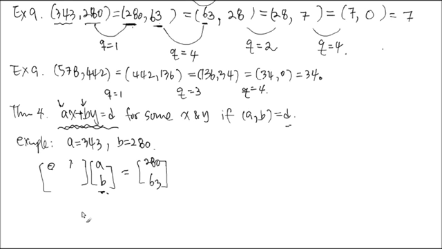Think about how we get the 63 down there. 63 came from some division algorithm. We divide 343 and so on, right? Good? So how do we get that? It was this statement: a equals bq plus r. That's how we got this 63 there, right? So can you write down 63 in terms of a and b so that you can put it into a matrix here? 1 and minus q.